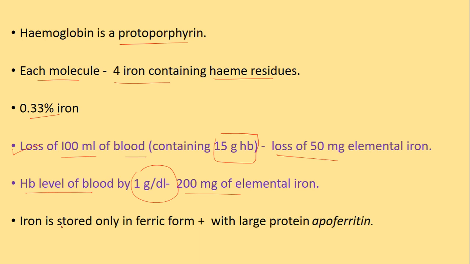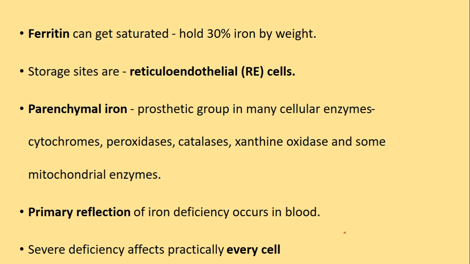So basically, where is this iron stored? Iron is stored only in ferric form in combination with a large protein called apoferritin. This ferritin can also get saturated. It can hold up to 30% of the iron by weight. And what are the important storage sites of iron?